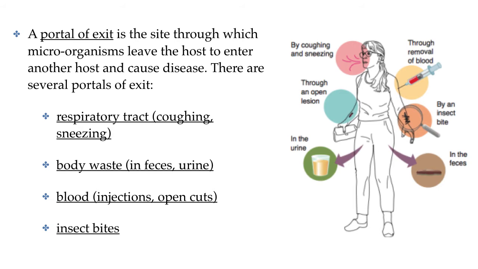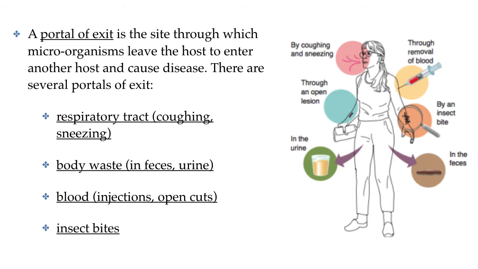Say, for example, she gets an injection and some of her blood is removed and that needle is used for someone else, or maybe she has an open cut and then she can pass some disease along that way to someone else. And through insect bites. So say, for example, if she gets bitten by a mosquito and she happens to have malaria, right?